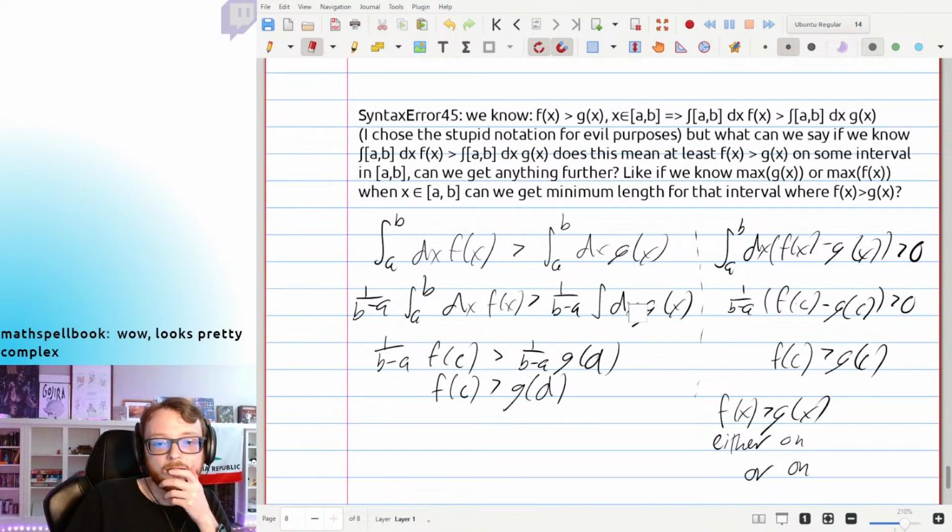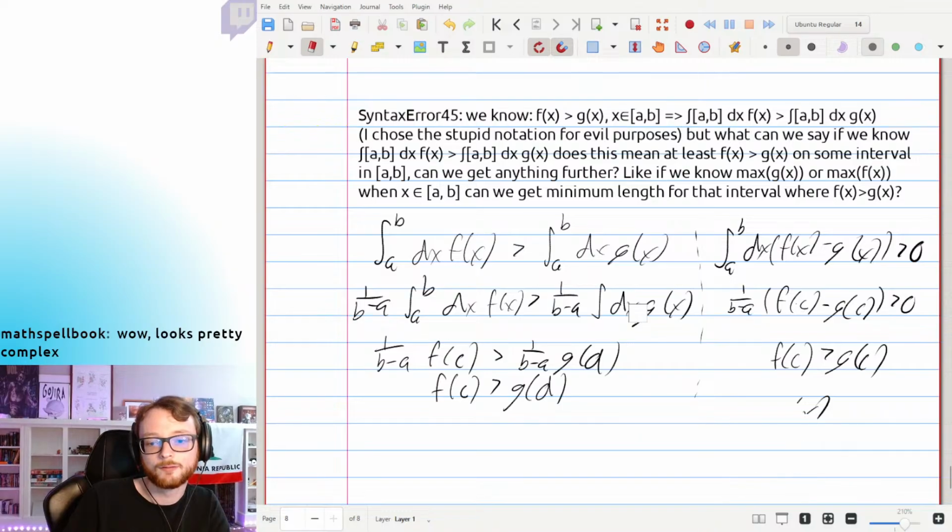You can definitely make some type of interval. I don't think you can say, without giving more information about the functions, what that interval is. But I guess you could say there must exist some type of neighborhood around c, I guess a one-sided neighborhood.